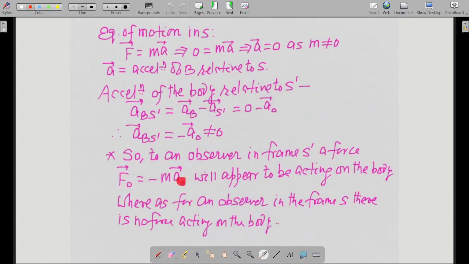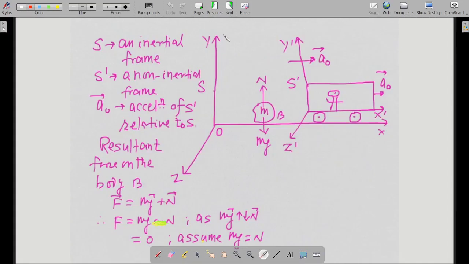Now what is this particular force? If someone asks this particular observer, who is the agent of this force? Over here, with the acceleration a naught, this object is going to the left hand side with acceleration a naught according to this observer.